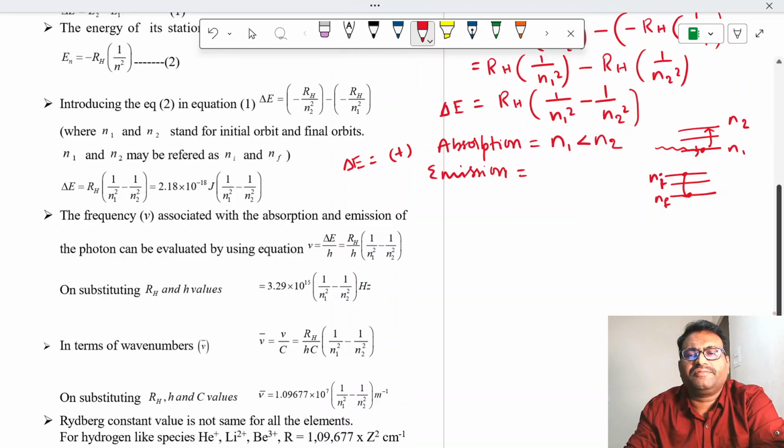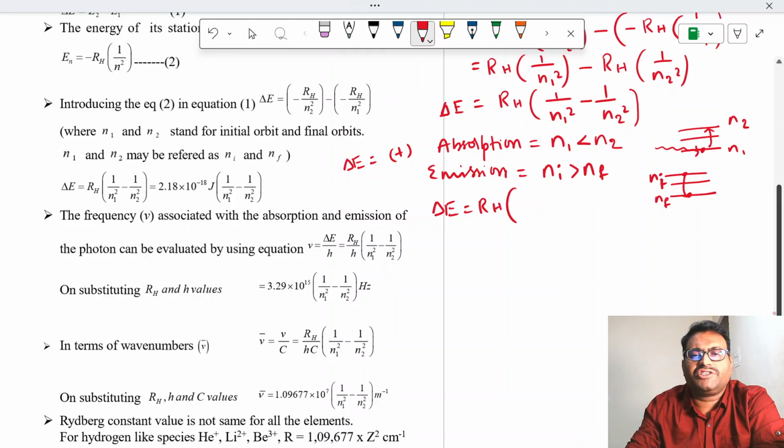During emission, N initial will be greater than N final. So if N initial is greater, delta E is equal to RH into 1 by N initial square minus 1 by N final square, right?